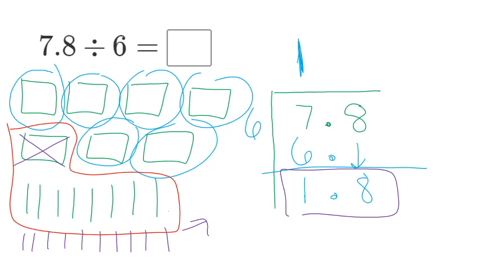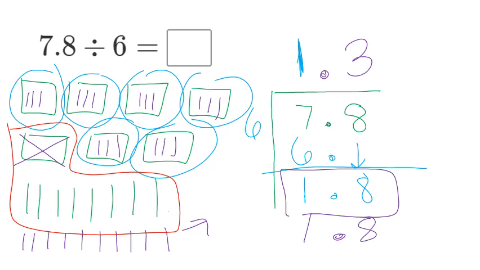So I would get 3 in each group. So I would have 1 whole, which I have here in the box, and 3/10. And I know that 3 times 6 is 18, and I wouldn't have anything left over.